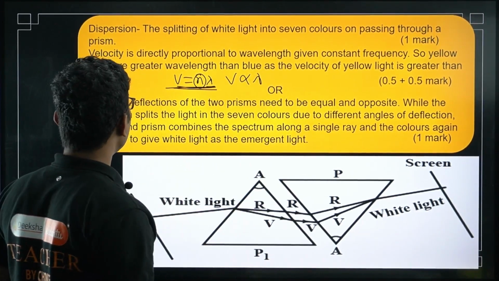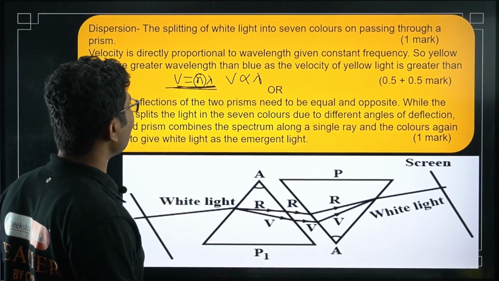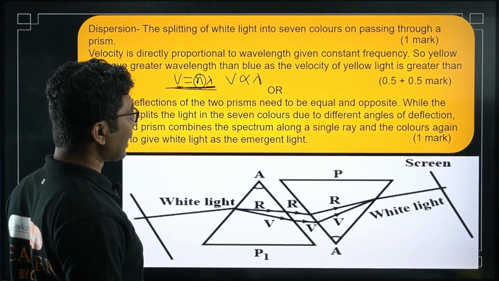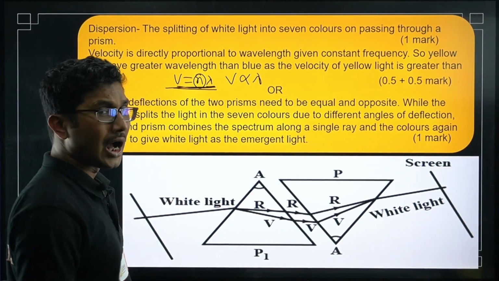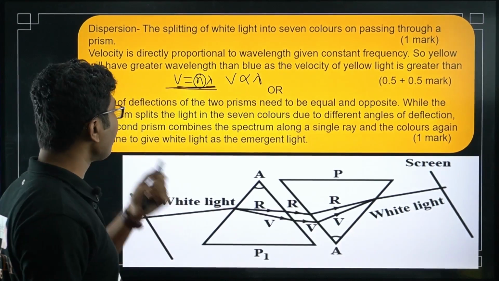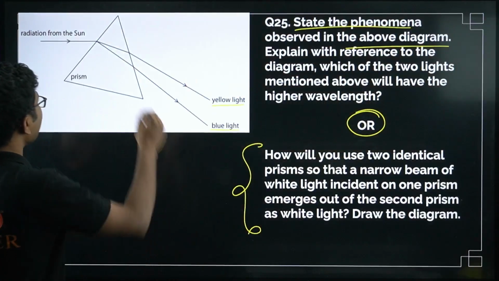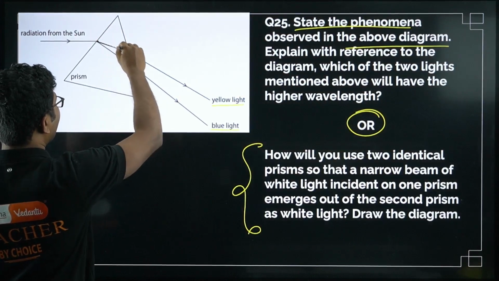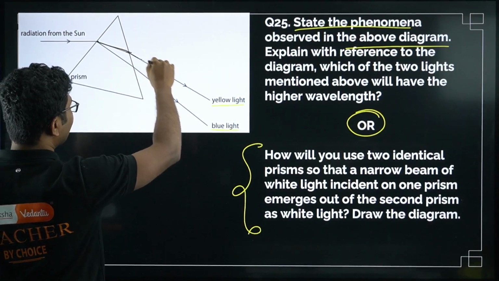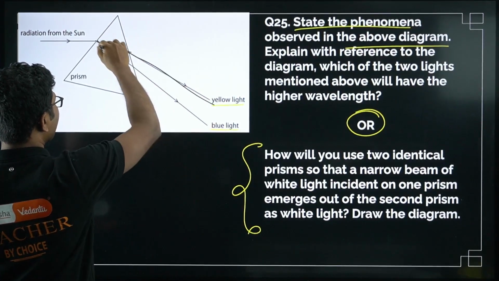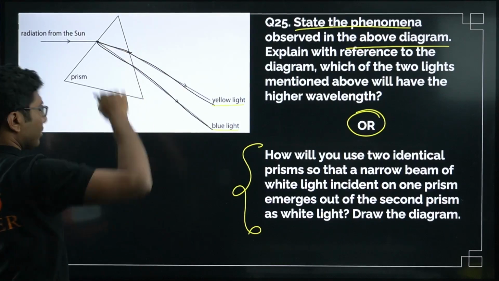Okay, so yellow light will have a greater wavelength than blue light, as the velocity of yellow light is greater than blue. Now how do we know that the velocity of yellow light is greater than blue light? From here you can see that the yellow light is scattering less compared to the blue light. Blue light is bending more.